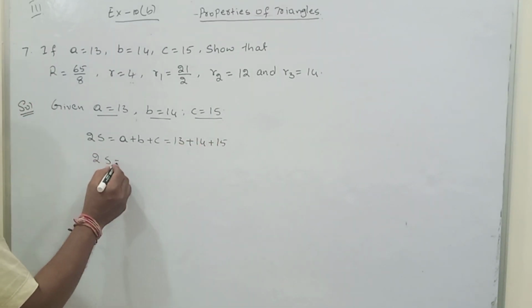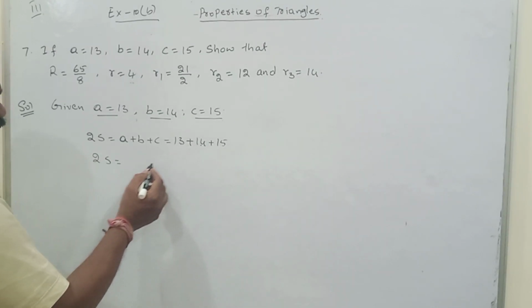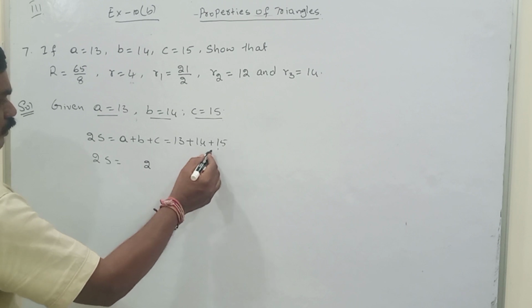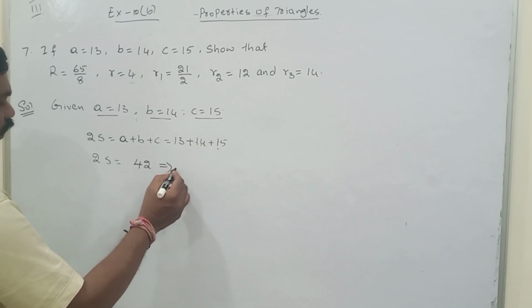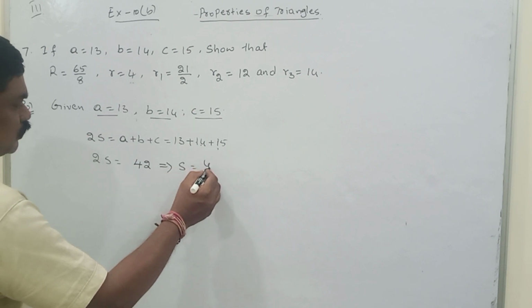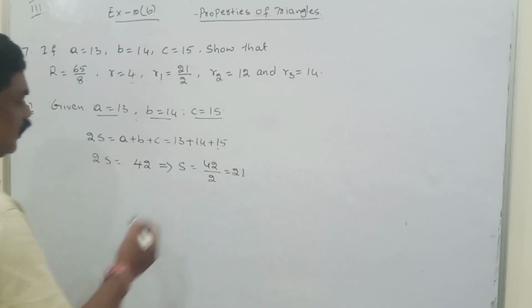So 2S is equal to 5 plus 4 is 9, 9 plus 3 is 12, so 2S is 42, which implies S is equal to 42 by 2, which is 21.